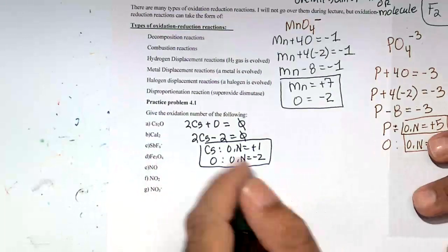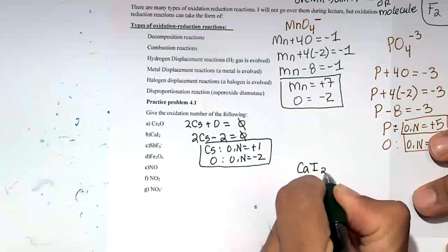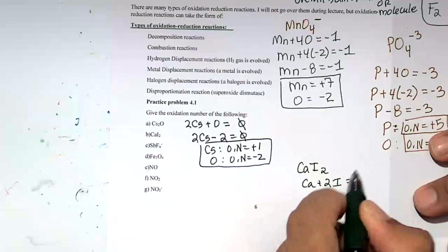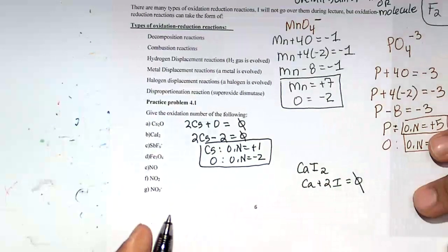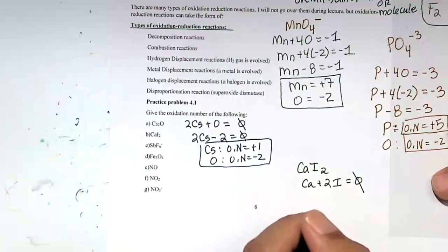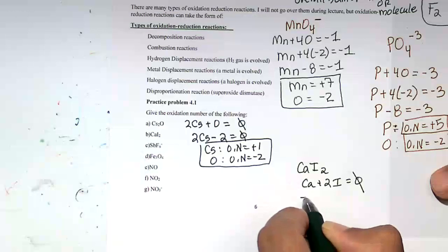All right, what's the oxidation number of calcium and iodide in CaI2? Okay, calcium plus 2I is equal to what number? Okay, 0. Okay, calcium is in what group of the periodic table? So what charge is the second group?